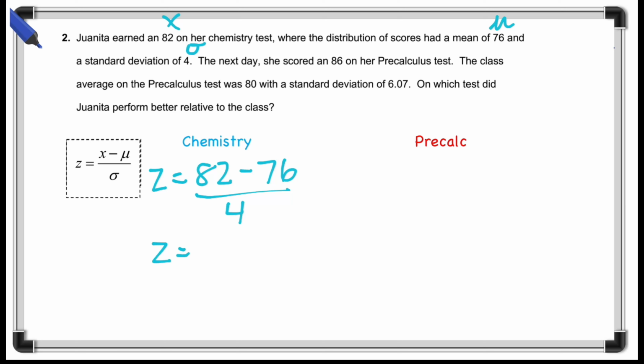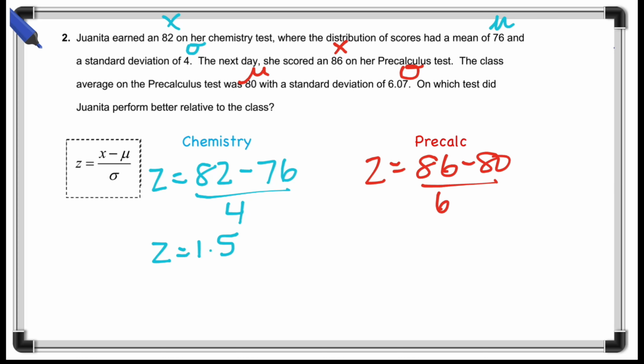And when we simplify that, we get 1.5. And then for pre-calc, she got an 86. There's our data value. The average, there's our mu, is 80, with a standard deviation of 6.07. So the z-score would be 86 minus 80 divided by 6.07. So that z-score is going to be 0.988.